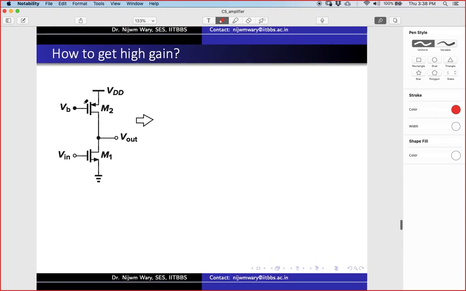Going for a PMOS load. This voltage is fixed to such a potential that both of them are in the saturation region. If I try to draw the small signal of this one, it is something like this.